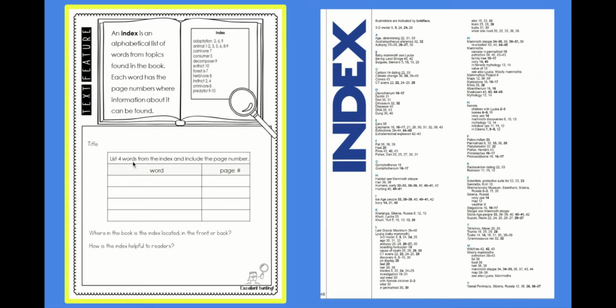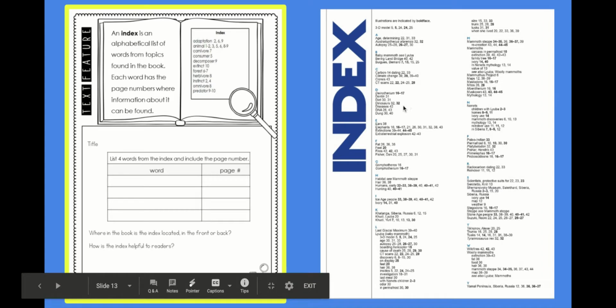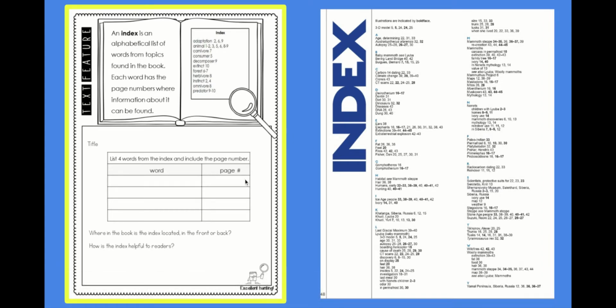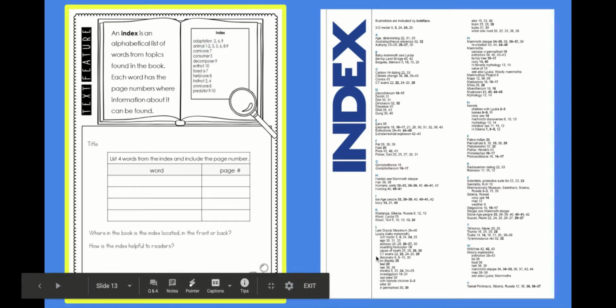So right here wants me to list 4 words from the index, include the page number. So I can include any of these words. So I might include diseases and then write down page 42. I might include elephants and write down all those page numbers. I might include woolly mammoths and write down those page numbers, and so forth.